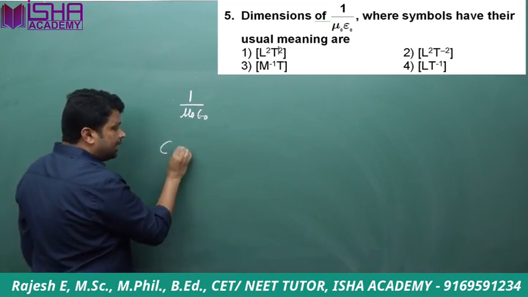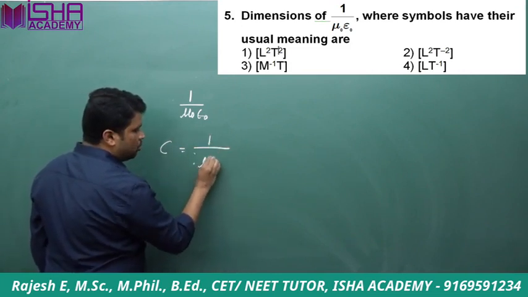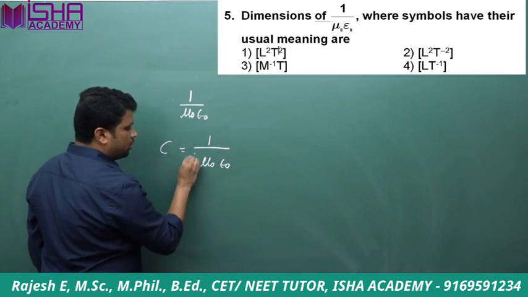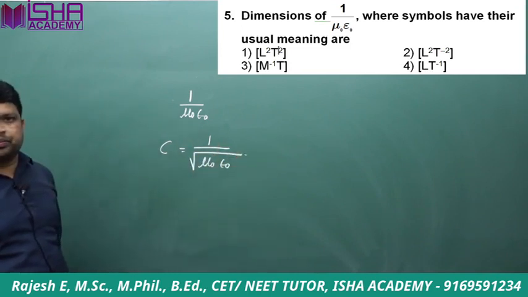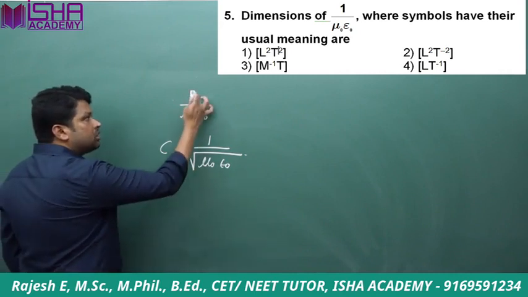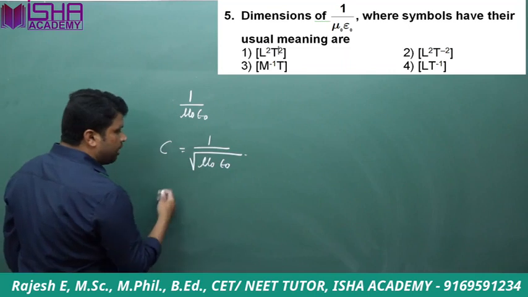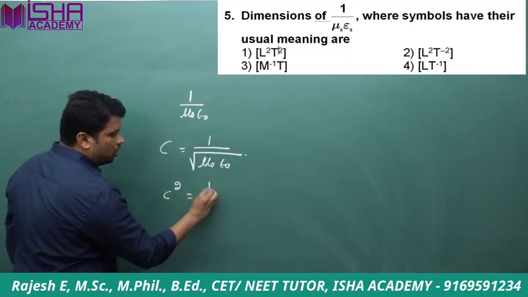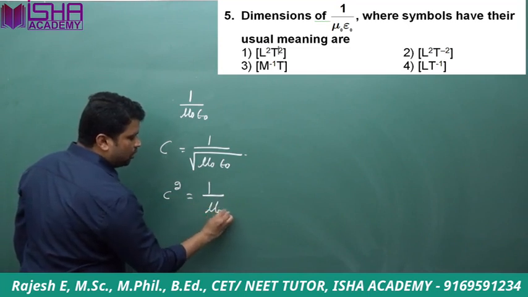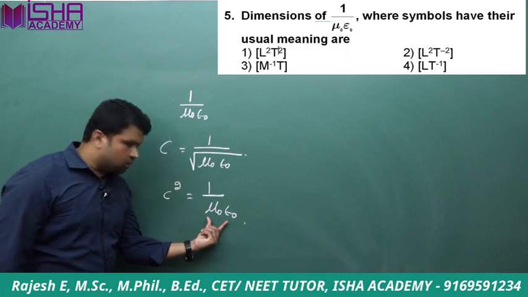The formula is C is equal to 1 divided by square root of mu naught epsilon naught, right? We have to find the dimension of 1 by mu naught epsilon naught. So what we have to do? We have to square. So C square is equal to 1 by mu naught epsilon naught.